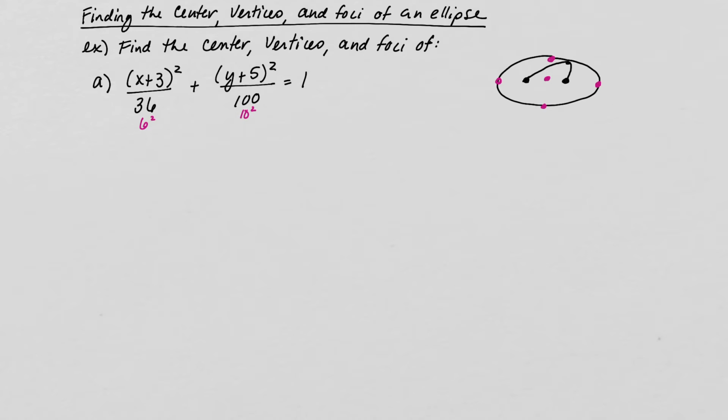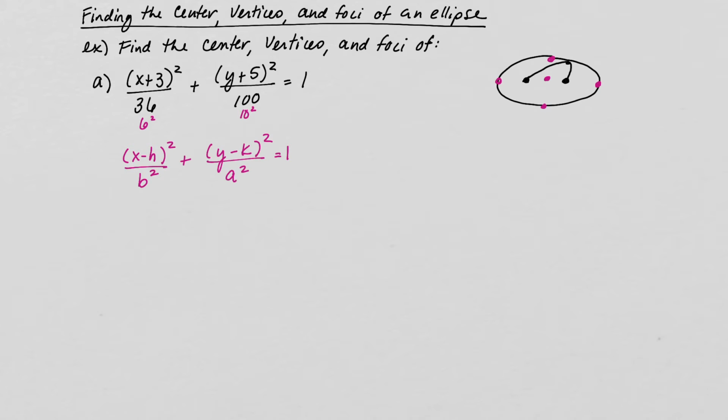So we're going to match this up with the formula (x minus h) squared over b squared plus (y minus k) squared over a squared equals 1. Again, we always let a be the bigger number.